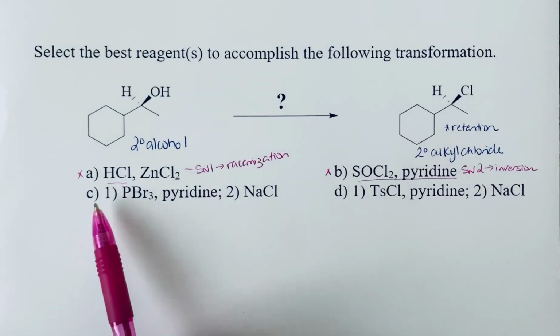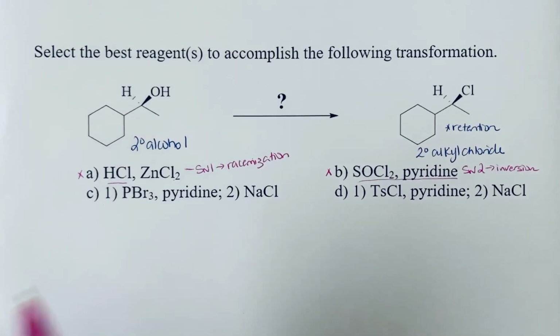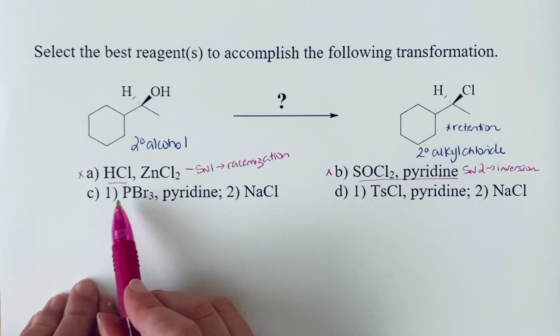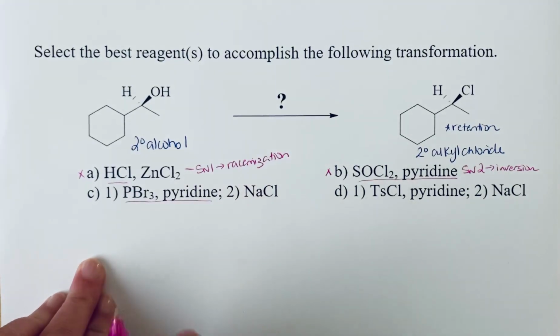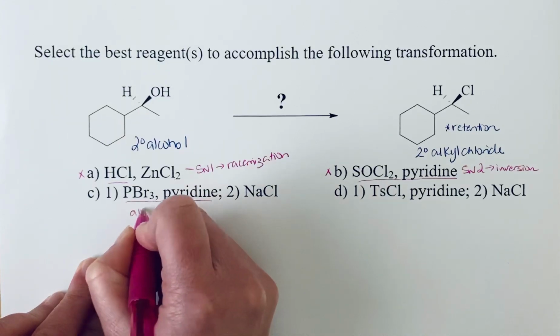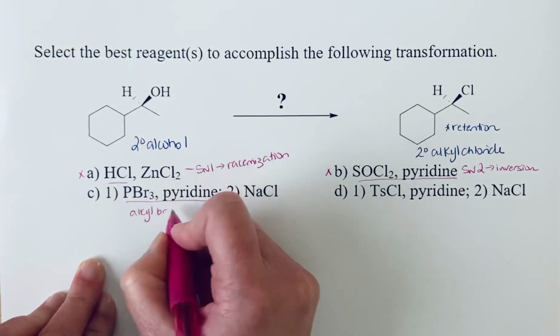All right, and then on to C and D. These are both two-step processes. If we look at C, the first step is going to give you the alkyl bromide, right? Because we're reacting this with PBr3.